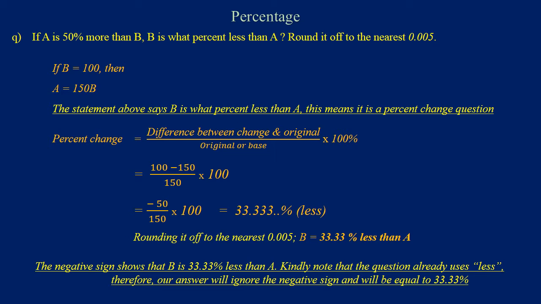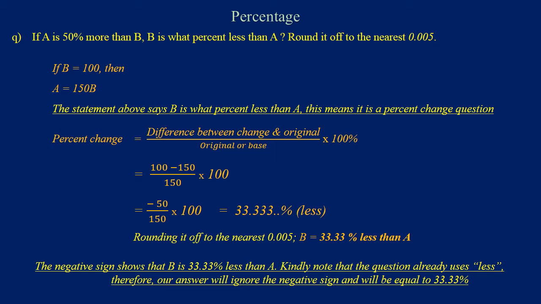Now if B is 100, then A is 150 into B, right? And the statement above says B is what percent less than A. So we're going to apply the percent change formula, right? And percent change is equal to difference between the original and the change value divided by original value into 100%.